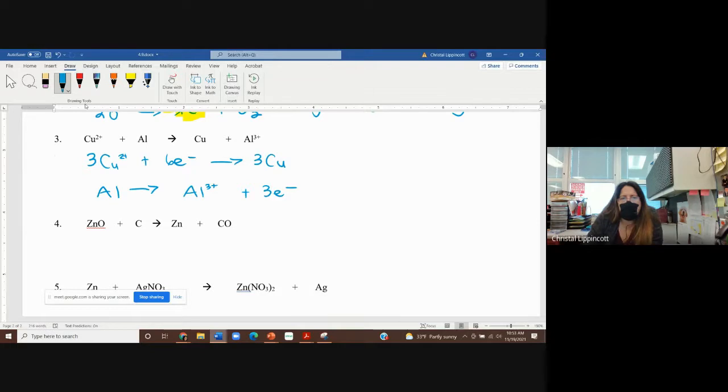I'm going to multiply all this by 2, so 2, 2, and 6. Then my electrons cancel, and that leaves me with my overall equation of 3Cu2+ plus 2Al yields 3Cu plus 2Al3+.